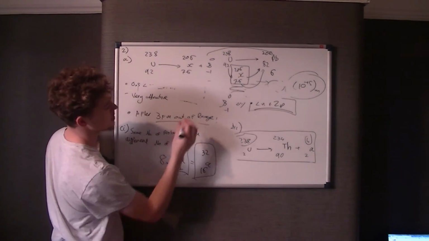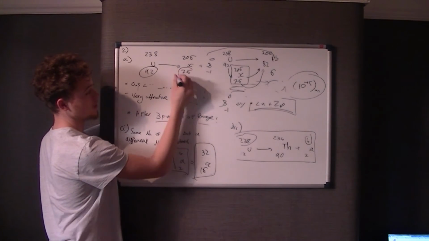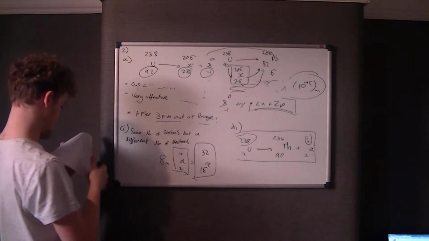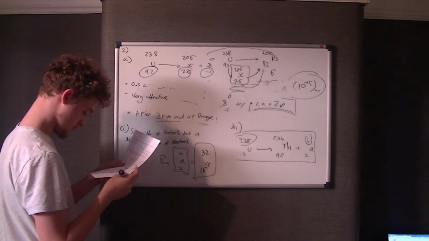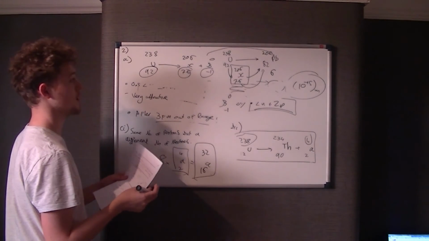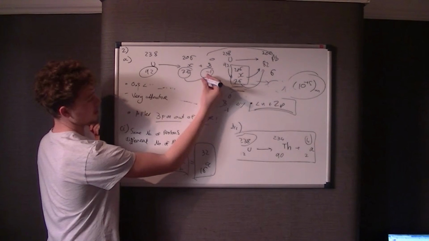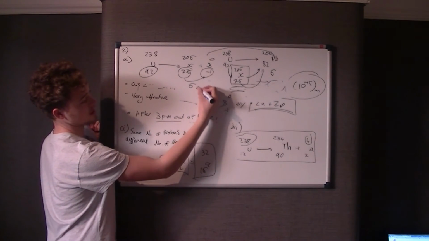Hopefully this makes sense, because these have got to balance. It's like a double negative if you think of that. Anyway, it just ends up being 6 decays.